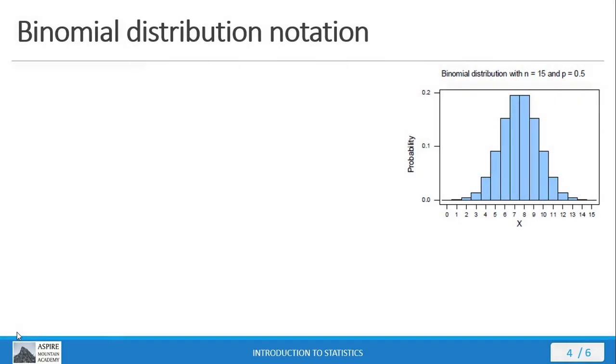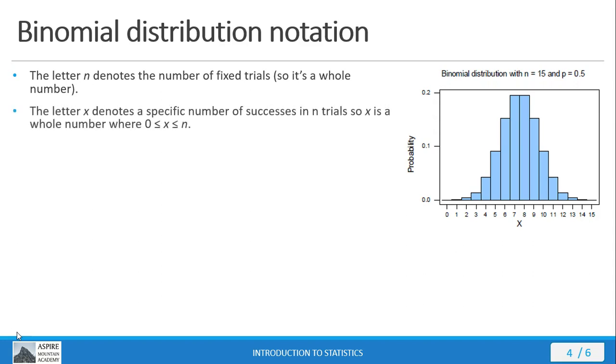Let's run through some notation of the probability distribution to get familiar with what we're going to be looking at. So we're going to use the lowercase letter n to denote the number of fixed trials. This is going to be discrete data. It's going to be a whole number. The letter x is going to be our random variable, and it will denote a specific number of successes in those n trials.